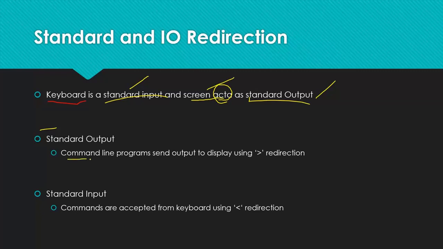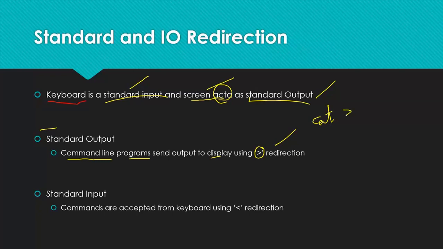Whenever you give any command, after execution of the command, the program is going to send that output to the display device by using this function called redirection. This symbol will represent redirection. If you remember, we used a command called cat, which is usually used to display.